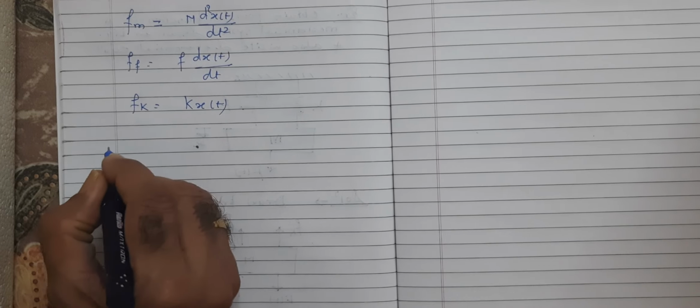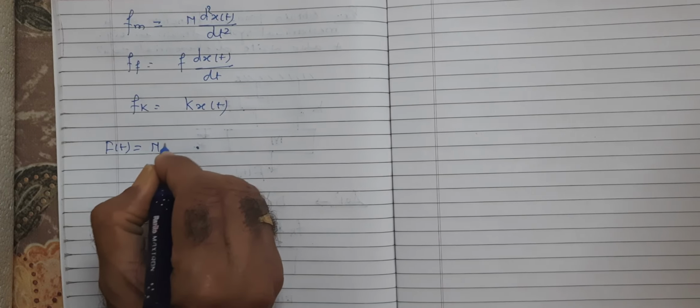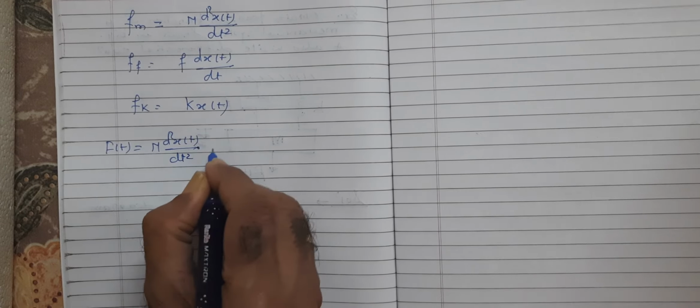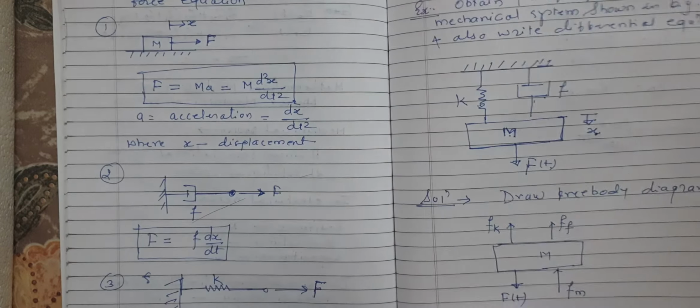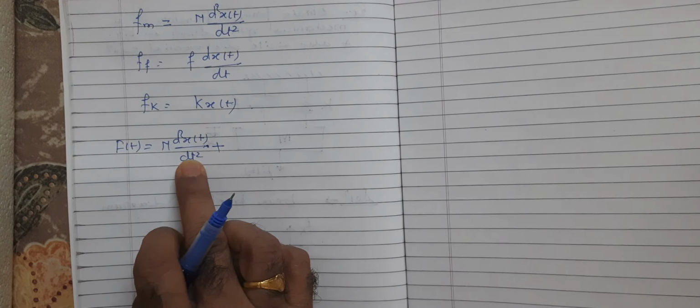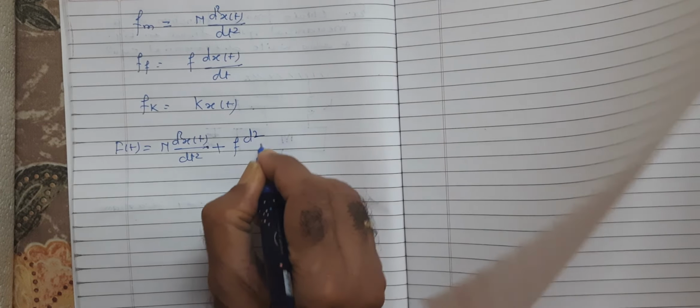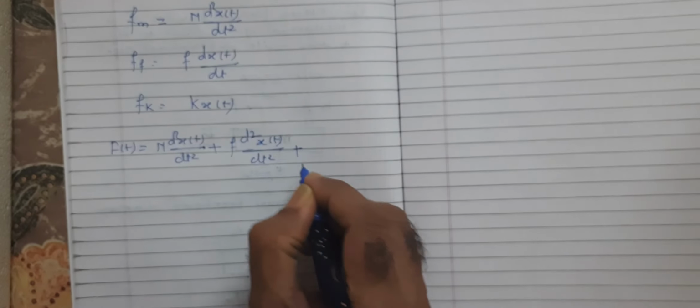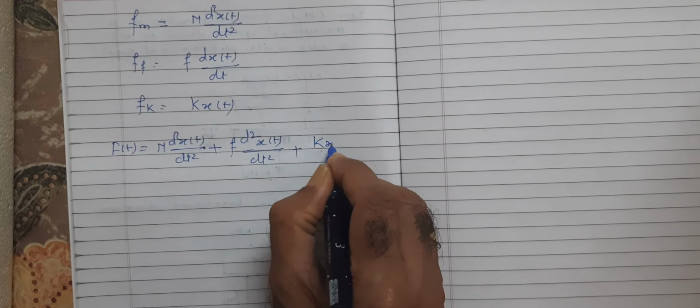Now we write the equation for the force: f of t equals Fm plus Ff plus Fk, that is m d square x of t by dt square plus f dx of t by dt plus k into x of t.